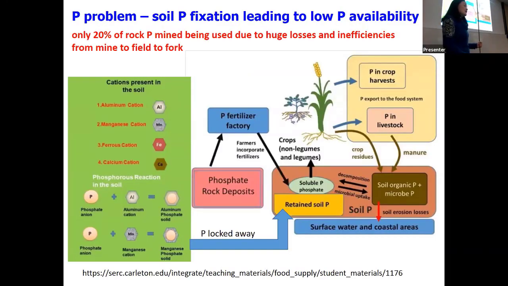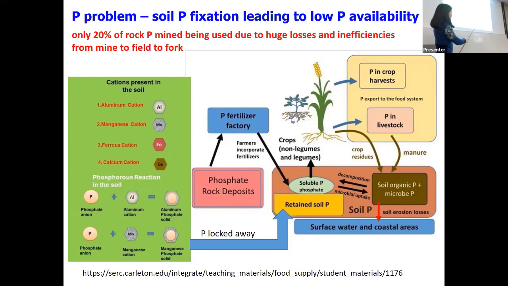The phosphorus cycling in the ecosystem always starts from the production of phosphorus fertilizer from rock phosphate deposits. When phosphorus fertilizer is applied to the field, a small proportion of soluble phosphate will be directly taken up by plants used for agricultural production.